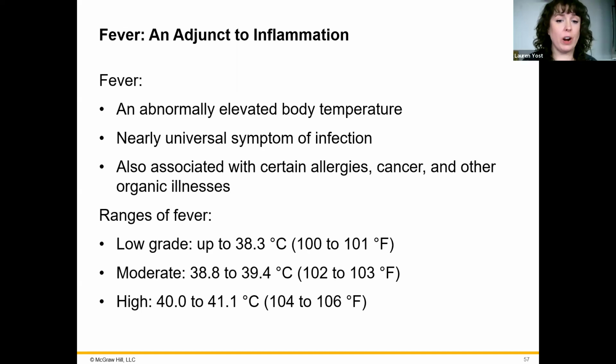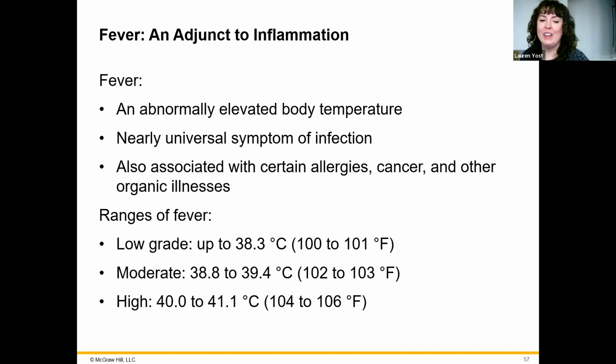Whatever, here are the ranges of your fever. I don't need you to memorize these ranges. This is something that maybe you guys would need to know if you do get into nursing school. I don't need you to know it, but to be aware, here are your ranges of fever. Most doctors, when you are sick and you come in saying, yeah, I've had a 99.2 fever, might not visibly be rolling their eyes at you, but they are, okay?